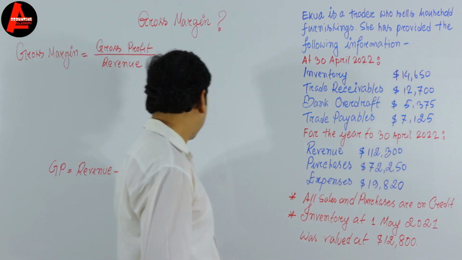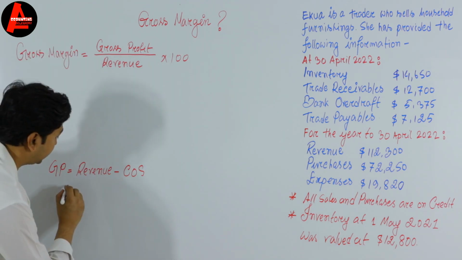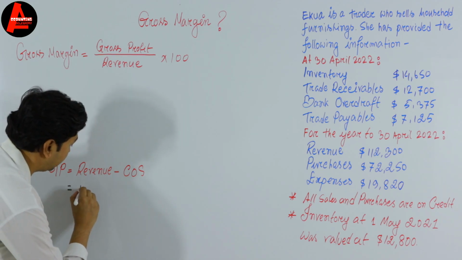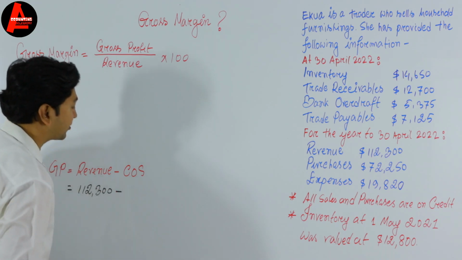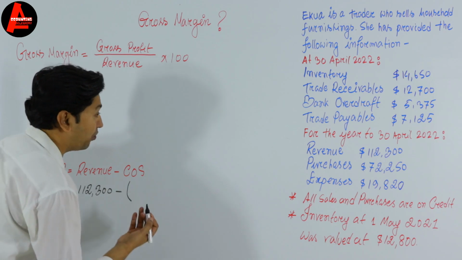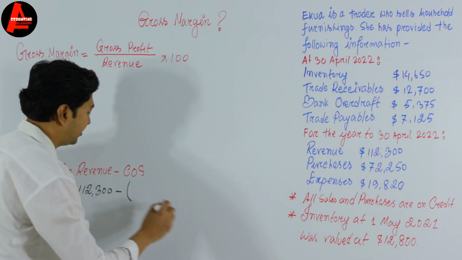$112,300, right? So here we have revenue, it is $112,300 minus cost of sales, right? So cost of sales, what we know? Opening inventory, right? So opening inventory is here $12,800.